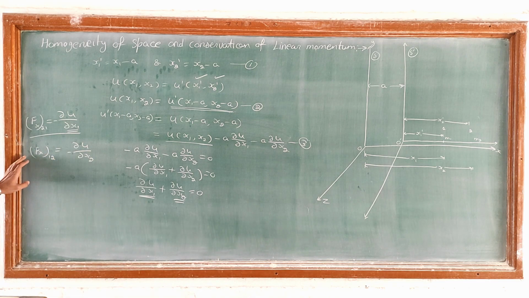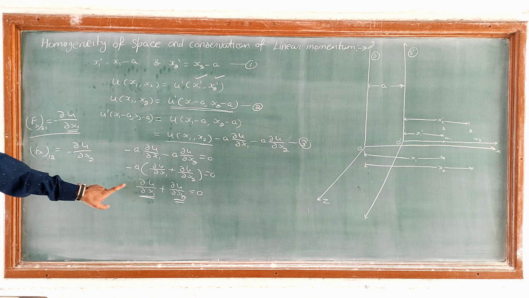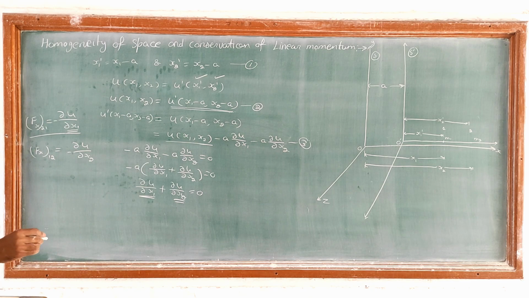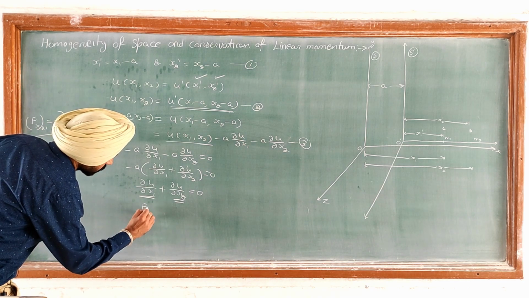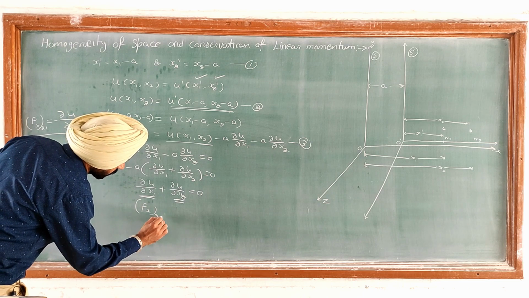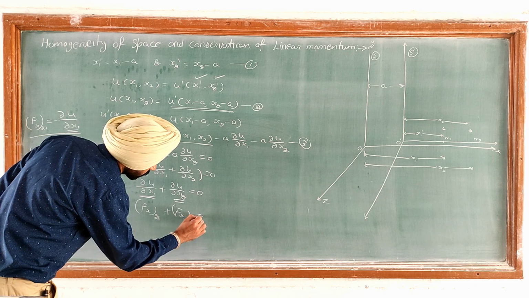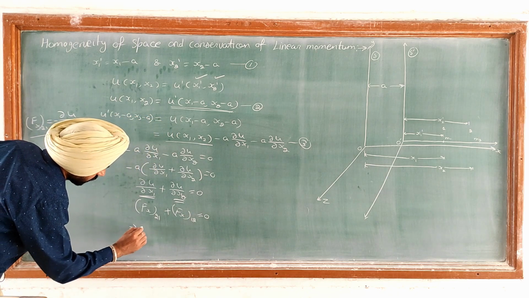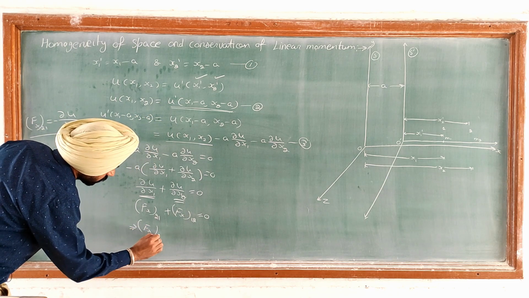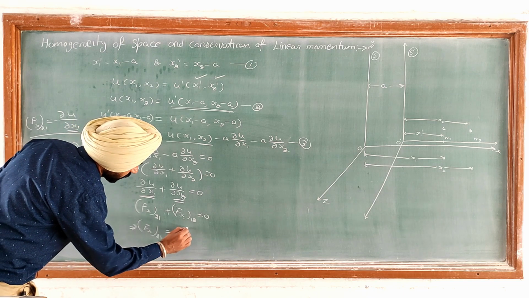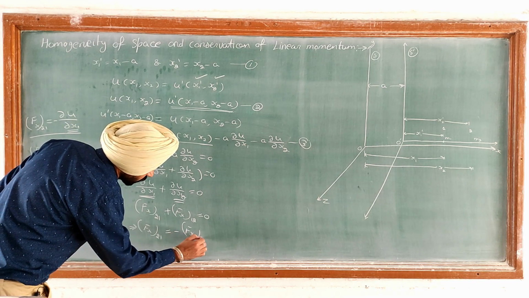This represents the x component of force on particle 2 due to 1. So I will substitute these values here. It will be Fx21 plus Fx12 is equal to 0.